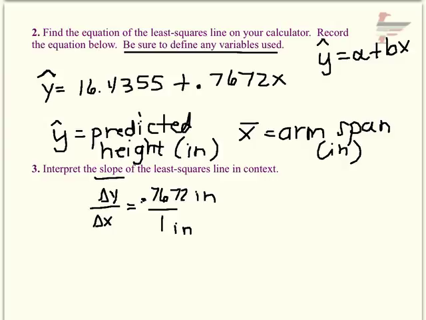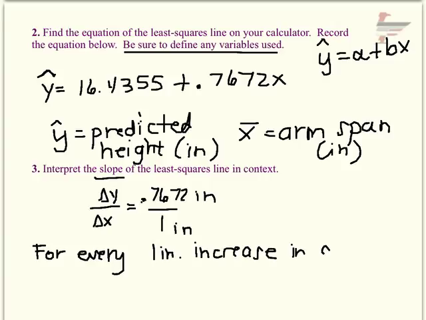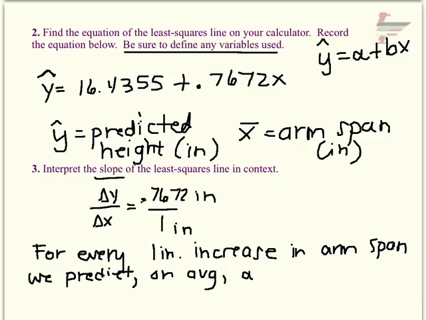Another key is this is going to happen on average. So I might say for every 1 inch increase in arm span, we predict, on average, a 0.7672 increase in height.